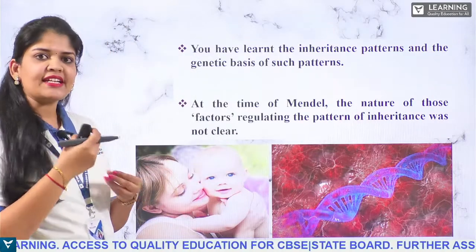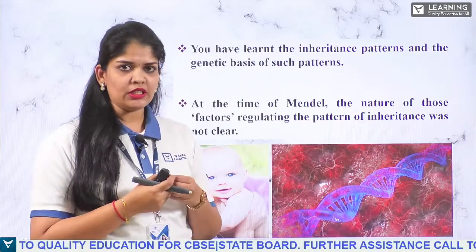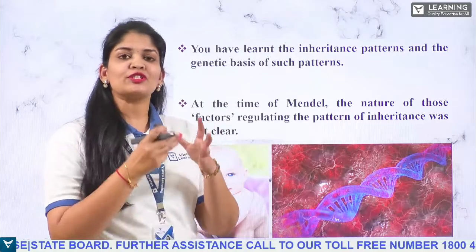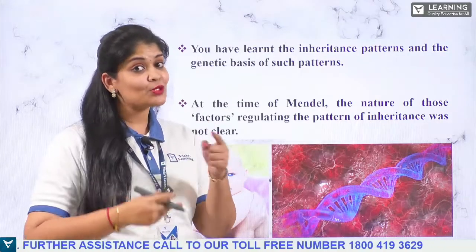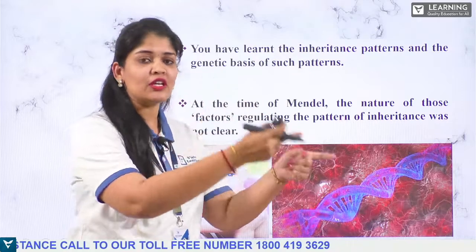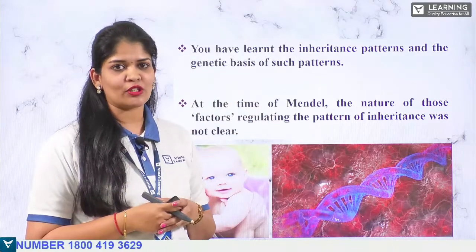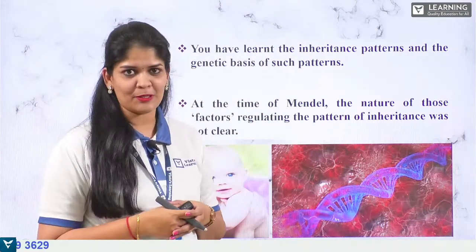Before understanding the factors which are responsible for storing the information that has to be passed from one generation to another generation, it is very important to know about the genetic material.